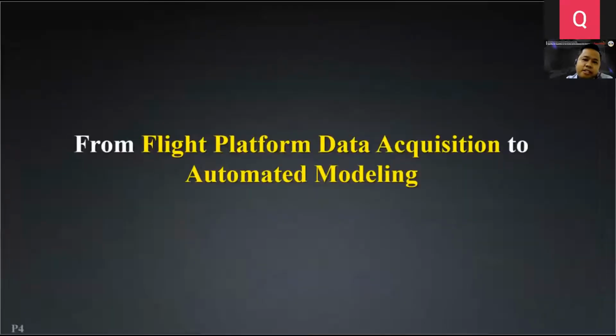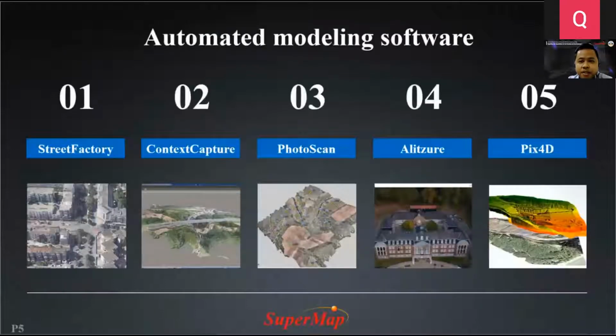Next is how to capture the data until automated modeling. These are some of the mainstream automated modeling software applications that can produce oblique photography or 3D model data. These applications can be connected with the SuperMap GIS platform.